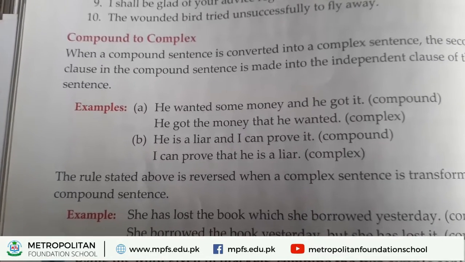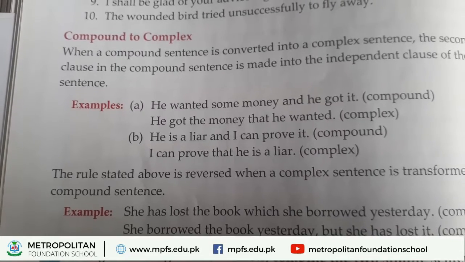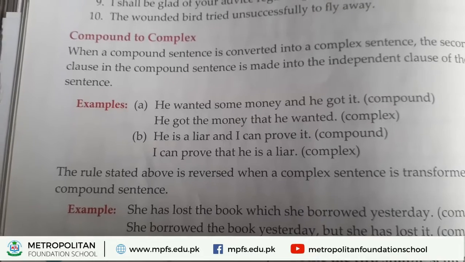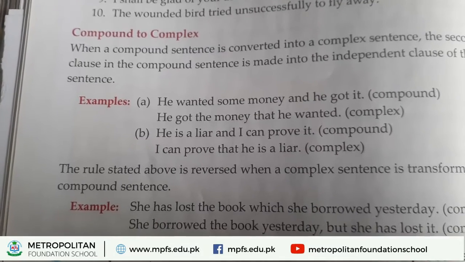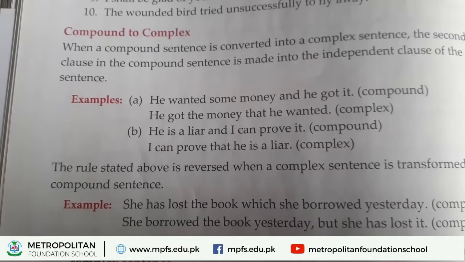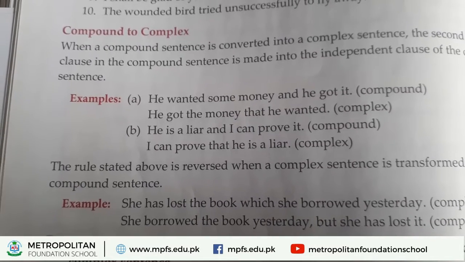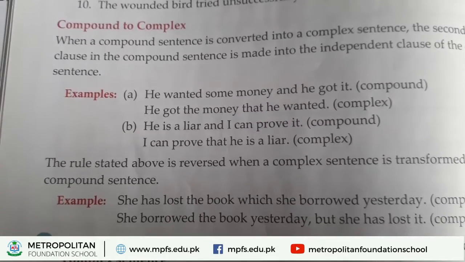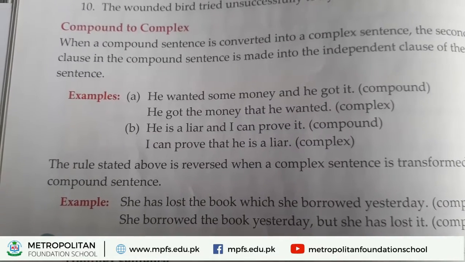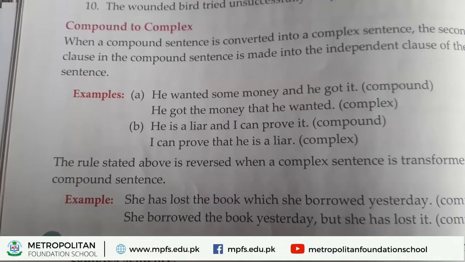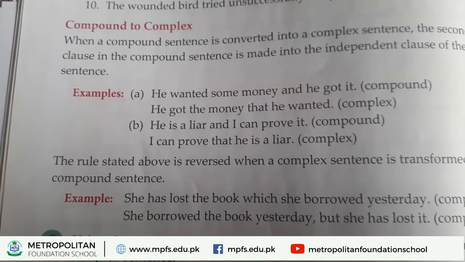So for changing the comparative degree, we have to convert the comparative degree to the superlative. Any other is left out of the sentence and the adjective or adverb is changed to the superlative degree. For example, this design is more attractive than any other I have seen so far.